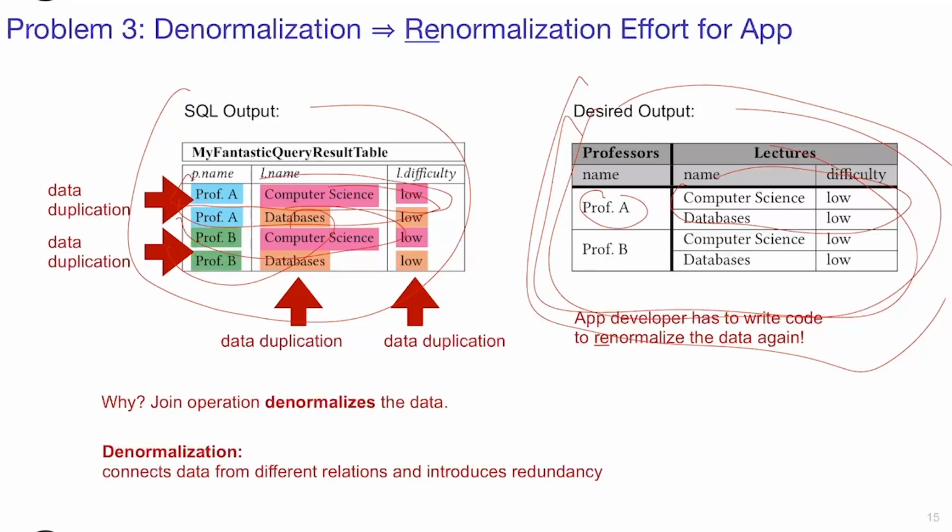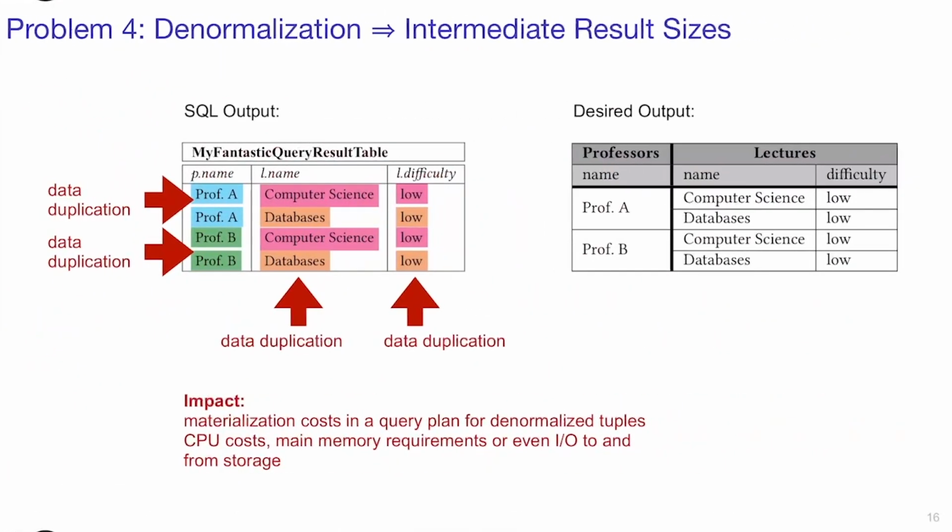The fourth is intermediate result sizes. If you remember that from our BDE lecture or some other lecture from wherever you came from to this university, we will look at that later on also in this lecture. But when you process a query, you create temporary intermediate results.